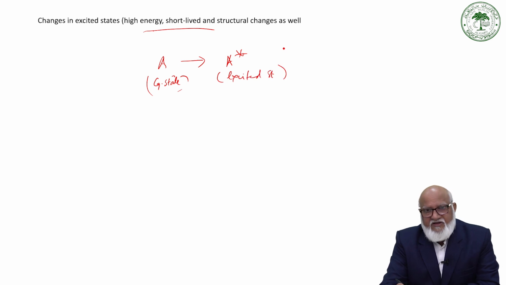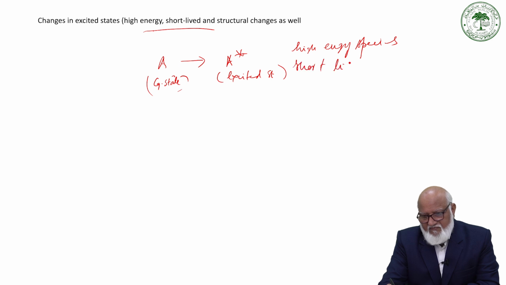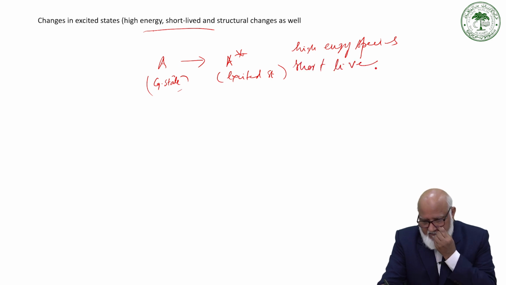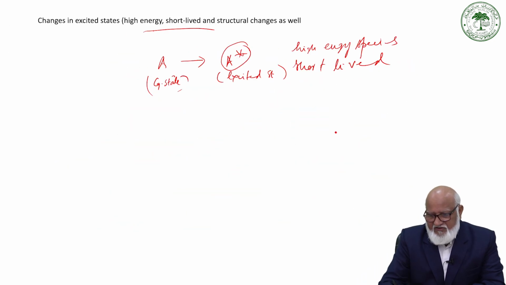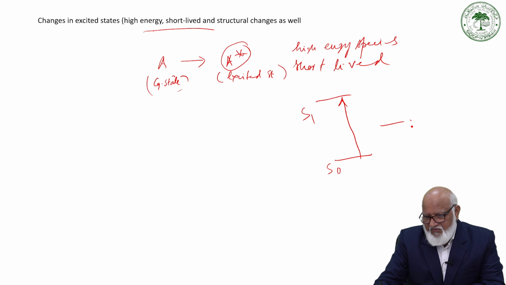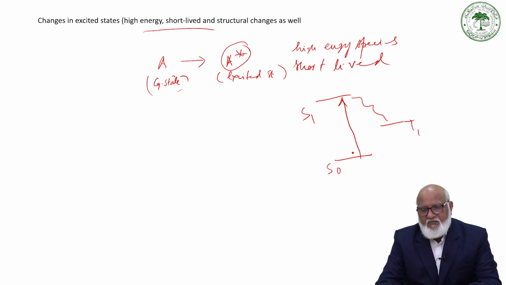These excited states are high energy species. They are short-lived. As we have seen here, they are high energy species, say S0 to S1 to T1. So you can see it is a high energy species.